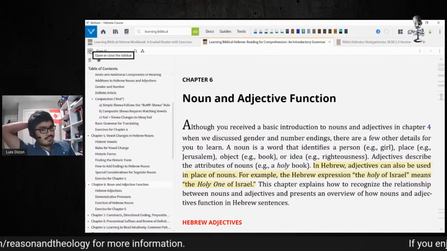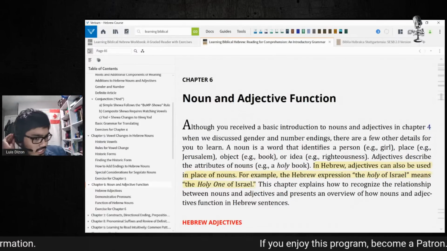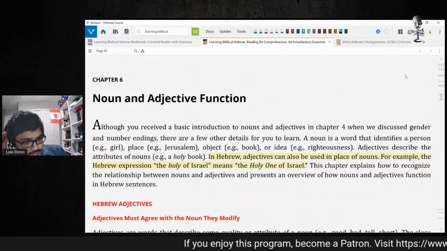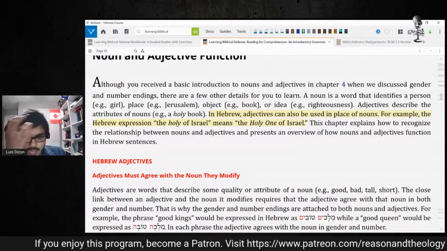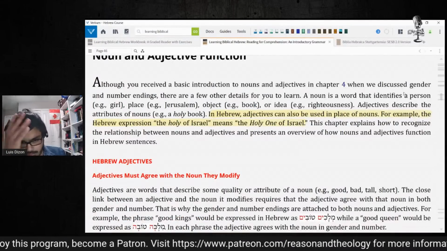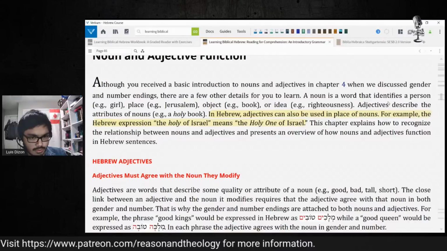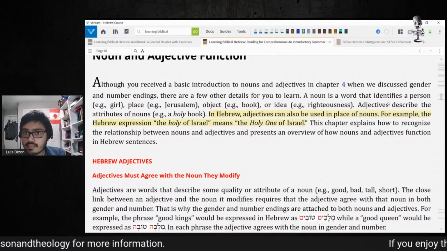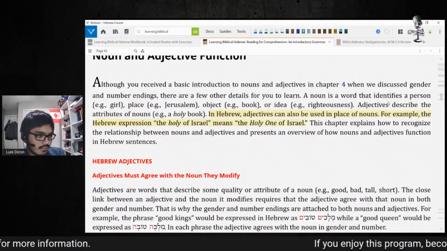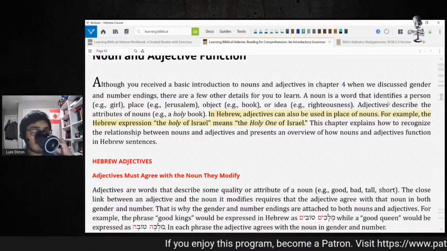You were introduced to nouns and adjectives in chapter 4, but we didn't say a whole lot about them. One of the main things that I want you to note about nouns and adjectives in Hebrew is that they tend to be governed by many of the same grammatical rules. For example, they tend to be conjugated similarly in their plural and feminine forms.